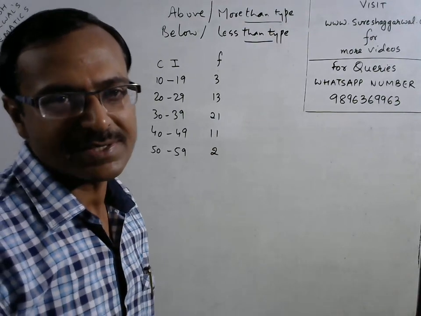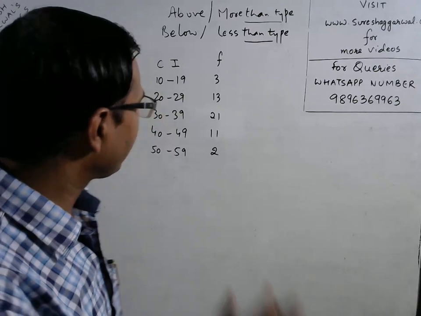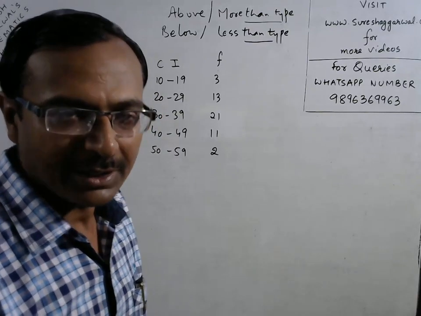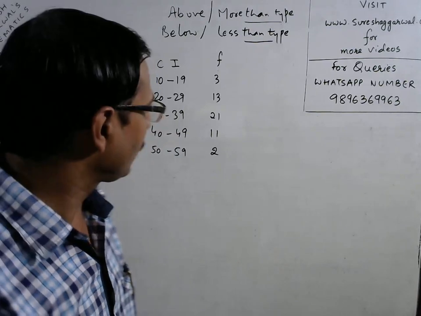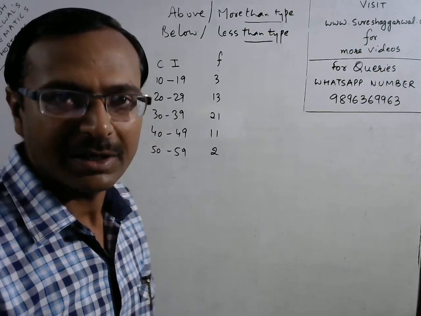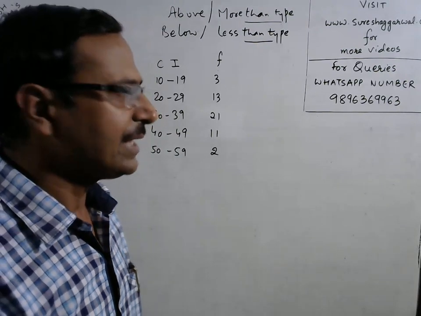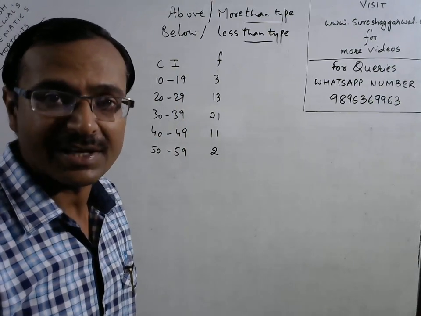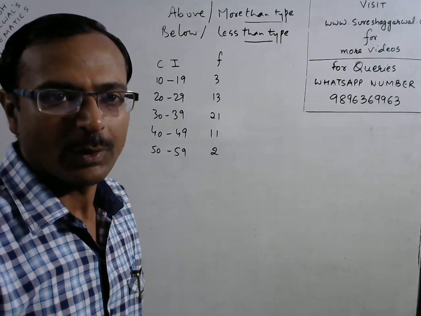Now this is a type of discontinuous data. Now I am converting this into a continuous form, because without converting into continuous form, you cannot calculate mean, median, and mode effectively. Obviously, there are methods where you can continue with this form also, but it will be easier if you convert it into continuous form.